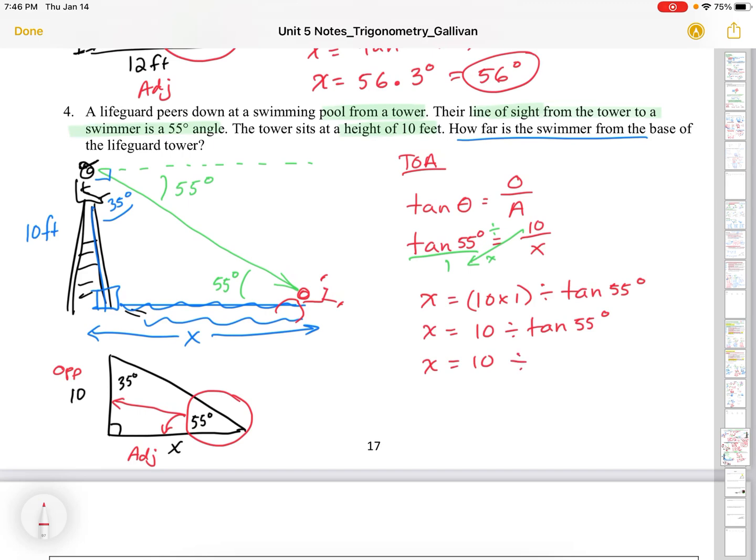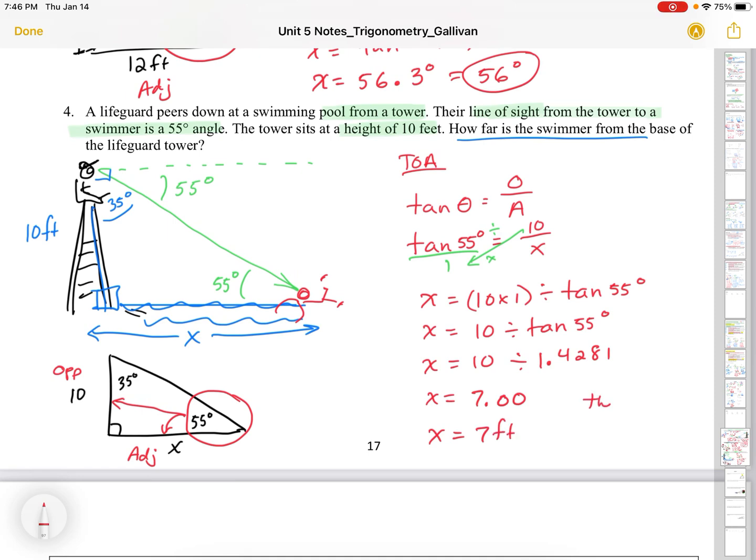Or if I figure out tan of 55, tan is 1.4281. So x would equal 7.00. Okay, and it hasn't given us a restriction, so we'll just say x is equal to 7 feet.